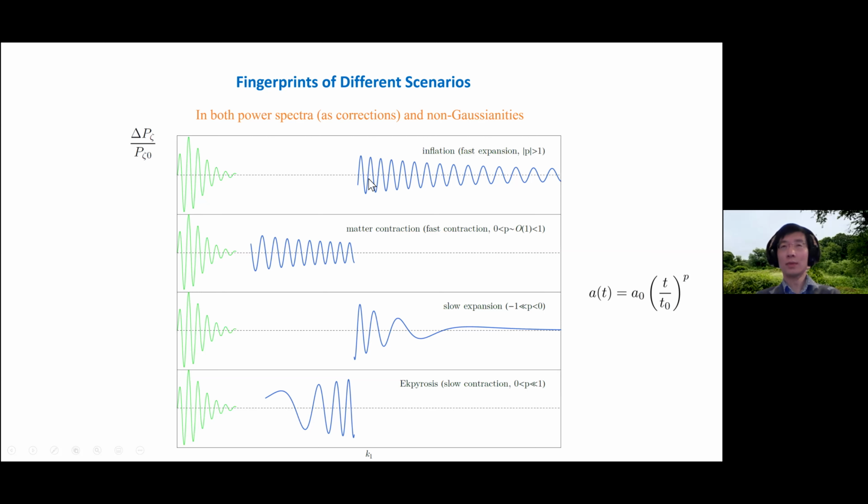I guess I want to ask a more mundane question. In terms of the time dependence, isn't it the same harmonic time dependence as what you have for a massive field, if I think of it as a function of the proper time? Yeah, if you only care about the oscillation patterns, for example in monodromy inflation, or more generally the resonance models, they are periodic.